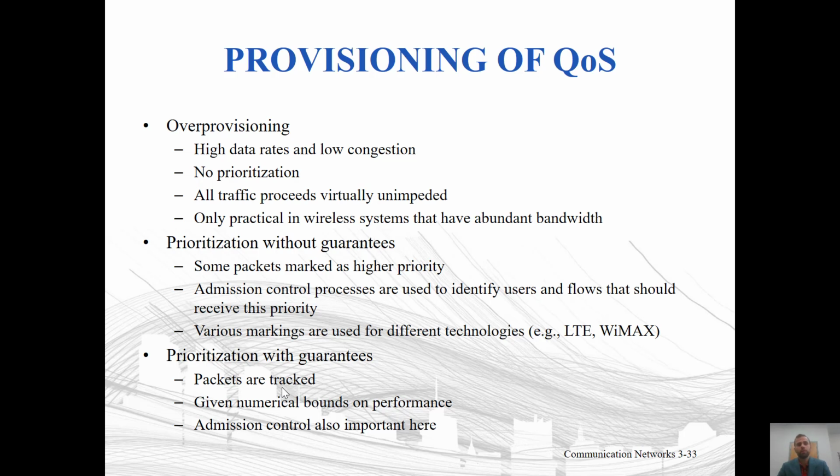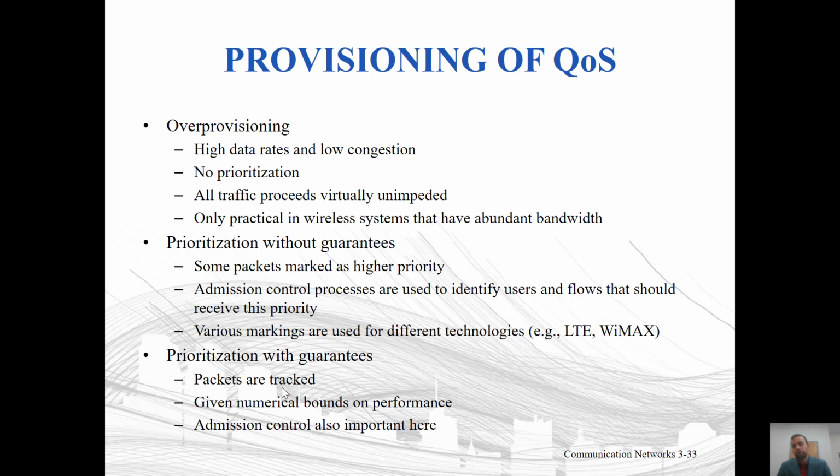And there would be no need for prioritization, because the person texting his friend about going to lunch would have plenty of bandwidth, and so would the grandmother who fell and needs to call emergency services. She can get her information through the network no problem, so there's no prioritization necessary in those cases. So all traffic proceeds virtually unimpeded, and it's only practical in wireless systems that have abundant bandwidth, which is the point I was trying to make.